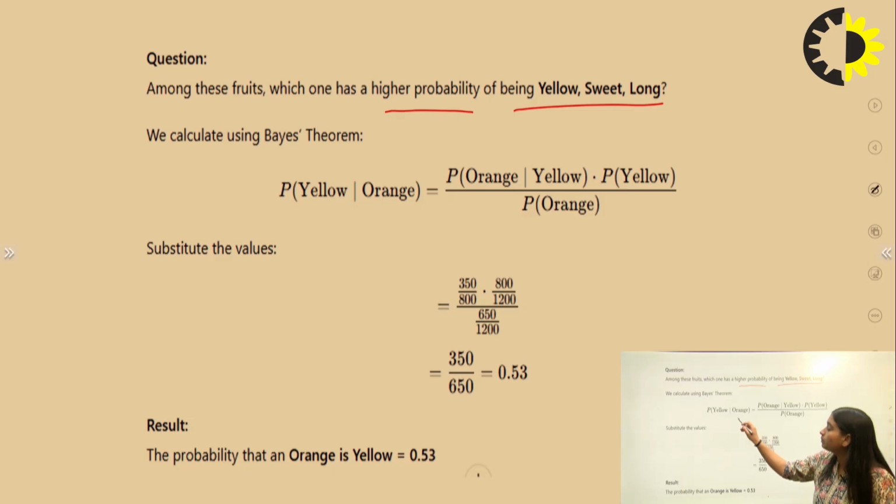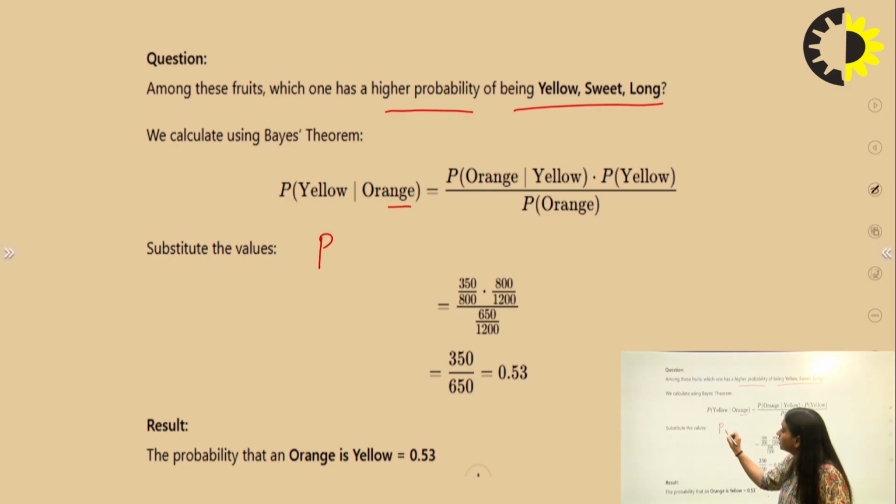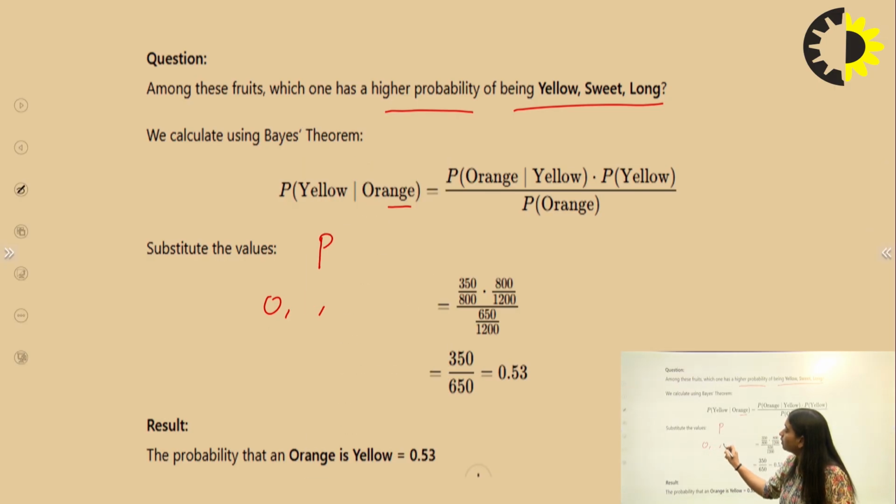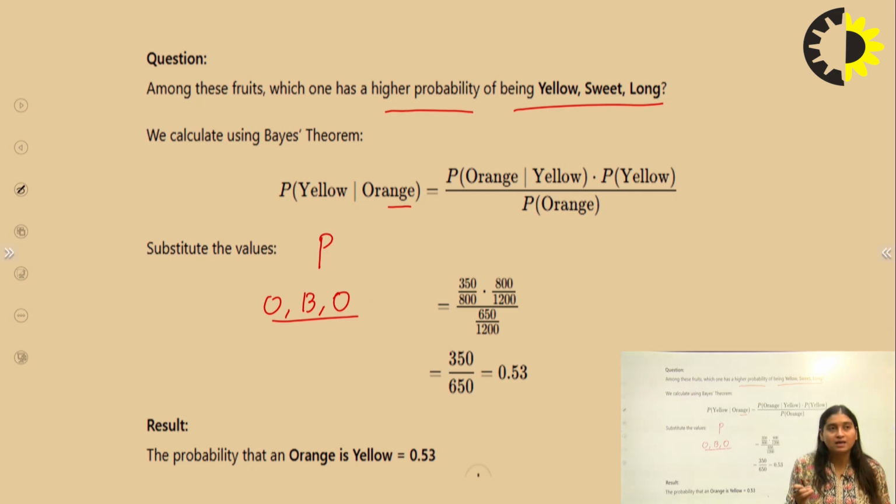So here we apply the Bayes theorem. It says P(yellow|orange). The logic is that you are interested in finding out which fruit, orange, banana or the other fruit, has the higher probability of being yellow, sweet and long.